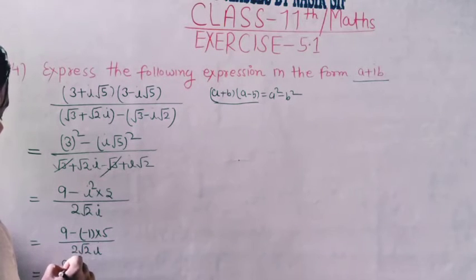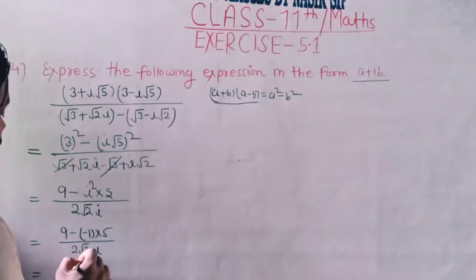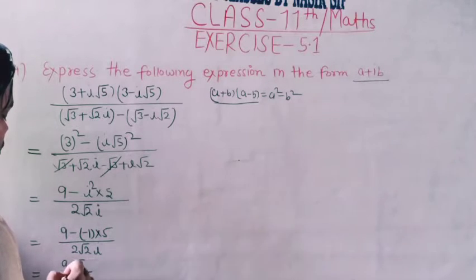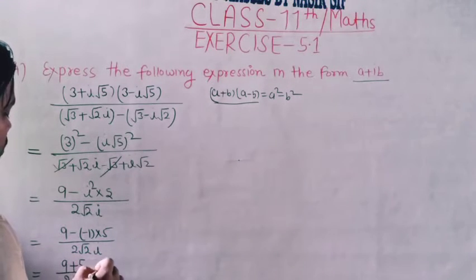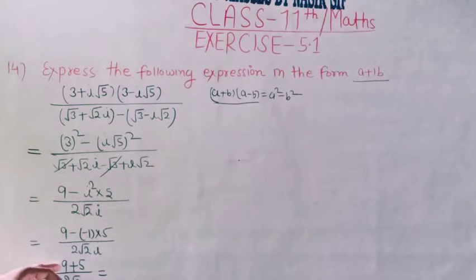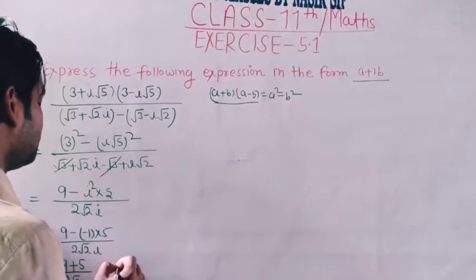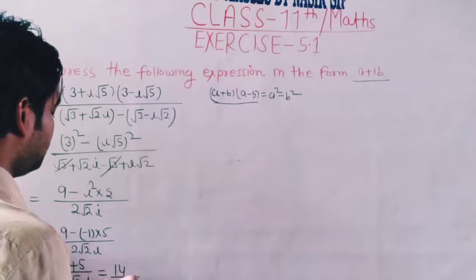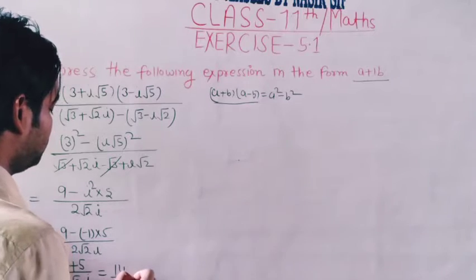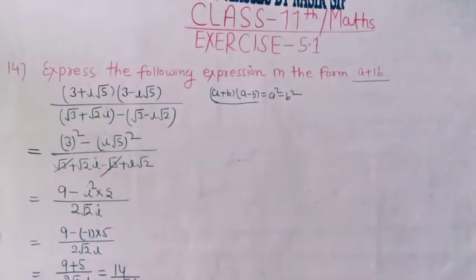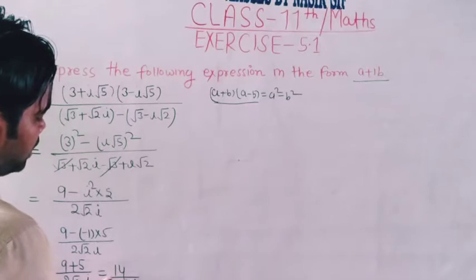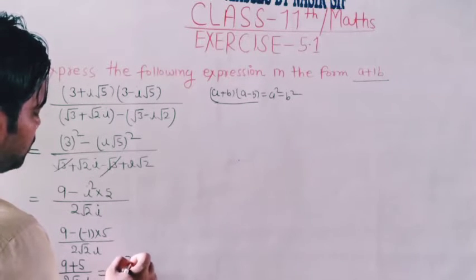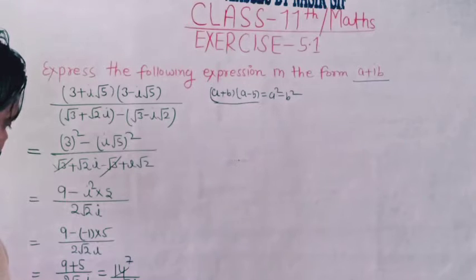Okay, so this is 9 plus 5 upon 2 root 2 i, which is 14 upon 2 root 2 i, and here 2 sevens are 14, so it is equal to 7 upon root 2 i.